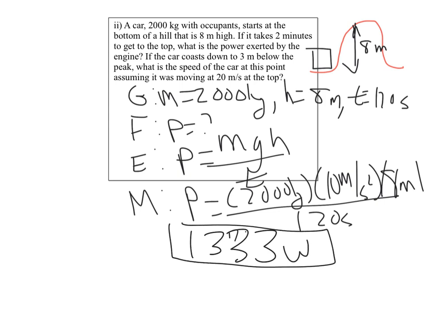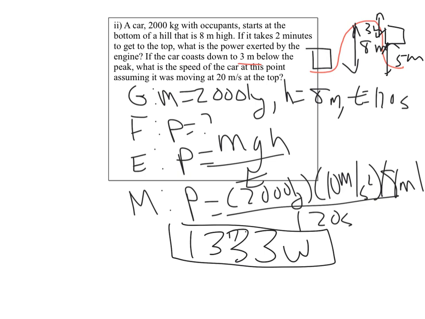But then we get a little bit harder problem, and it says if the car goes down to 3 meters below, so my car is going to be right here, so it's 3 meters below the peak. So this is 3 meters, so that means it is 5 meters above the ground.